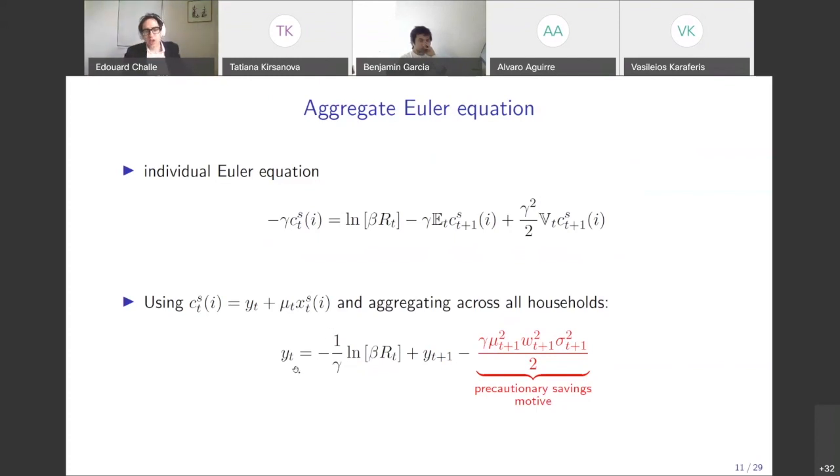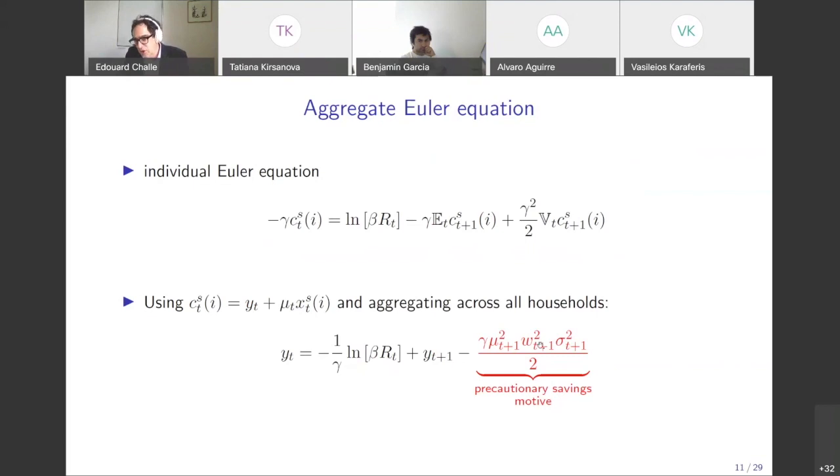So this looks like a standard IS curve of the New Keynesian model, where aggregate demand is forward-looking. It depends on future output, except that you have this precautionary saving motive here, which is basically due to the conditional consumption variance of the agents, and which is summarized by this term.